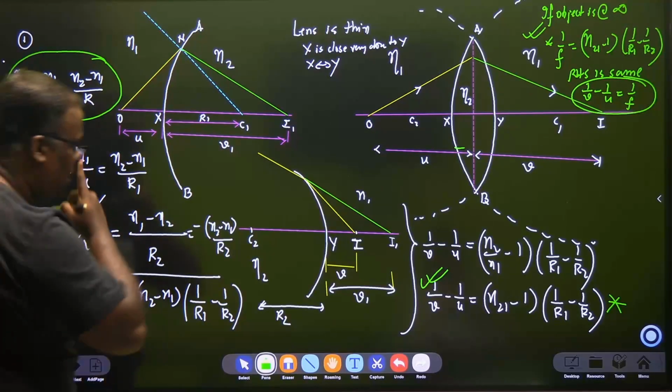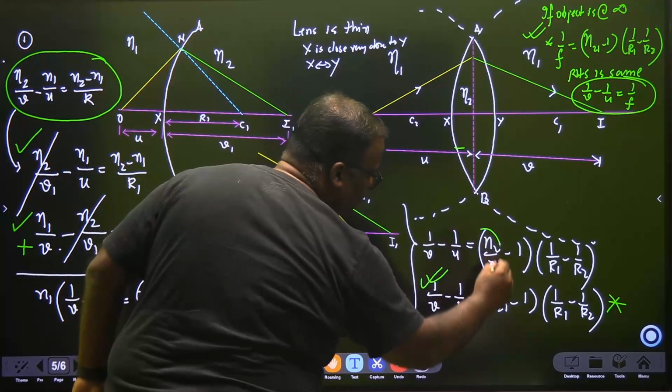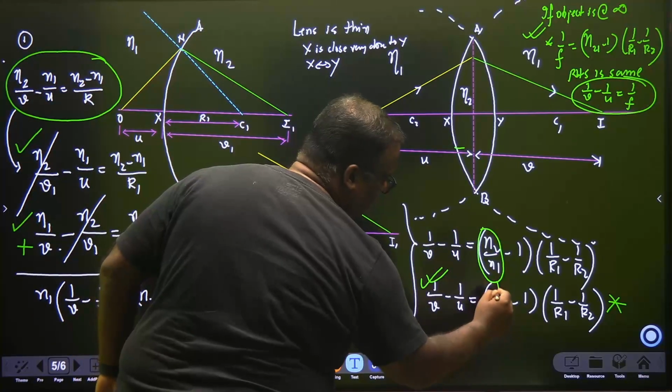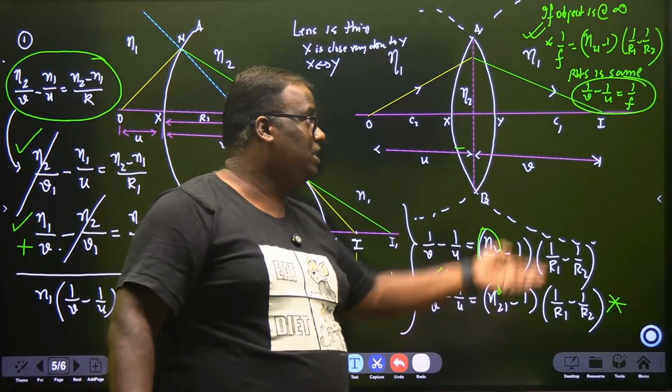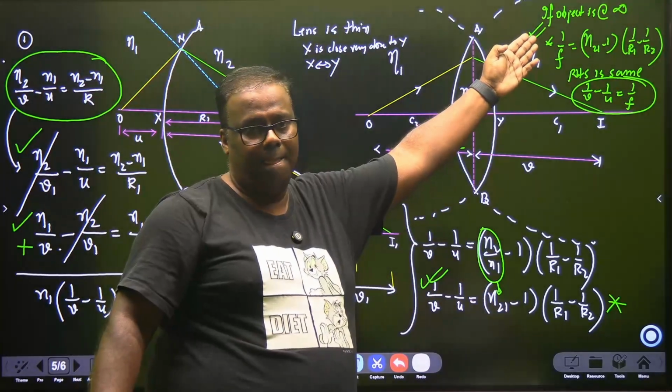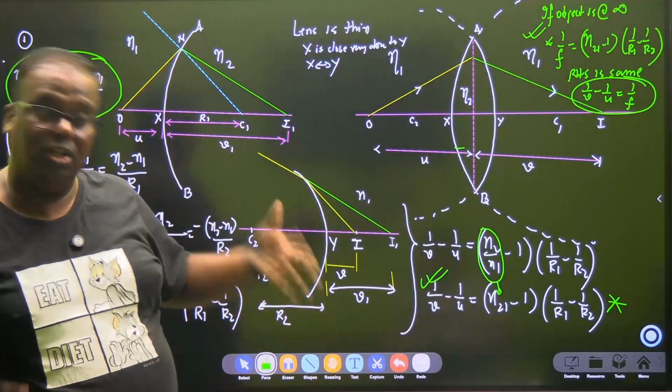Then after that, we have one more thing, which is eta 2 by eta 1. You should also know that eta 2 by eta 1 is nothing but 2 with respect to 1. Then you find the left hand side, then you use this criteria and you replace this quantity by 1 upon f, and using those you get the result.